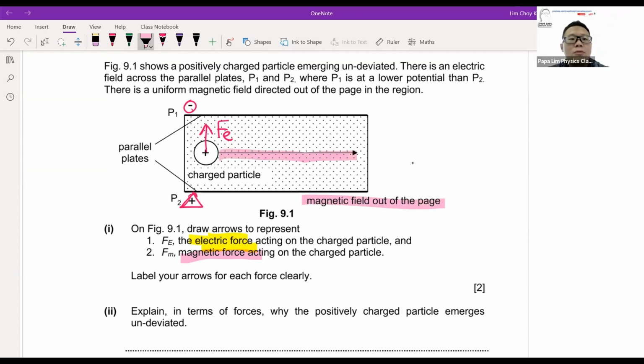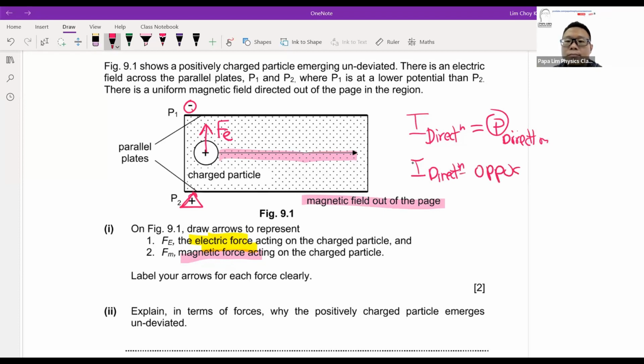You must take note that the current direction is the same direction as a proton's direction, because they have the same behavior. Compared to an electron, the negative charge, the current direction is opposite to the electron's direction. So students, you have to be careful.